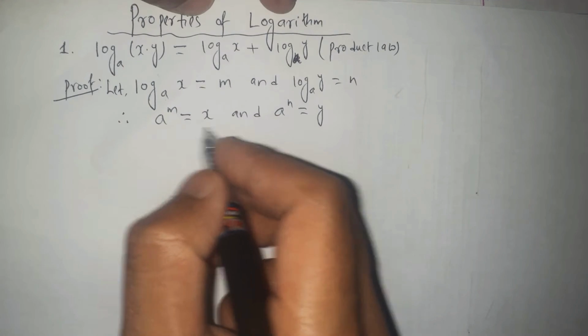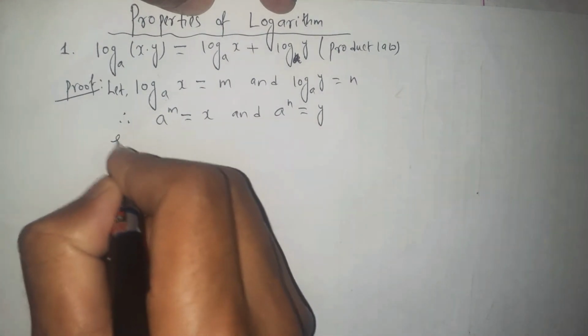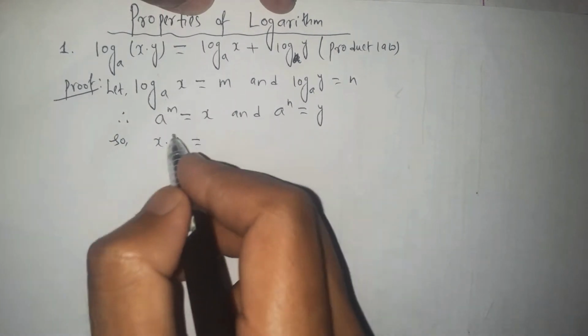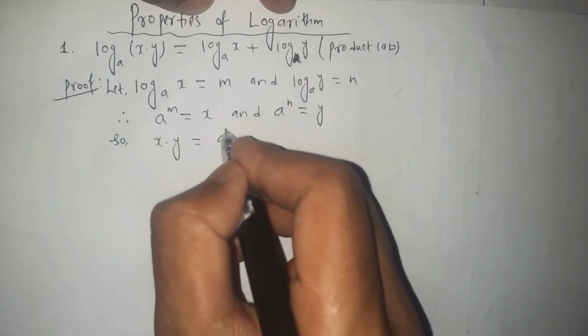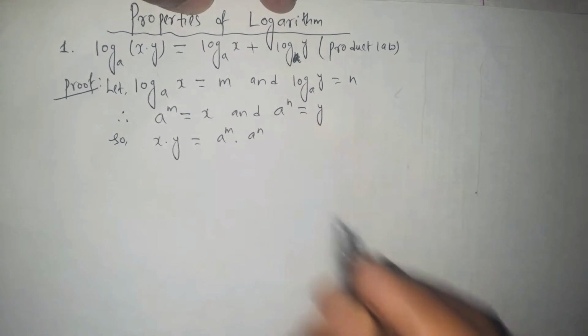Let's take the product of x and y, x times y, and substitute the values. The value of x is a raised to the m, times the value of y, a raised to n.